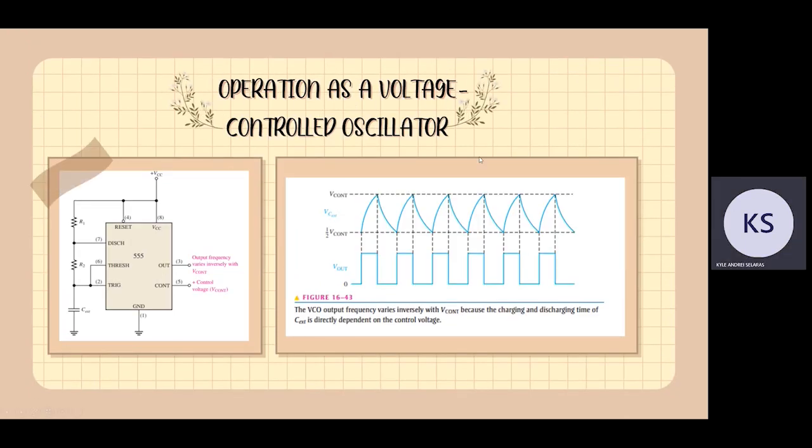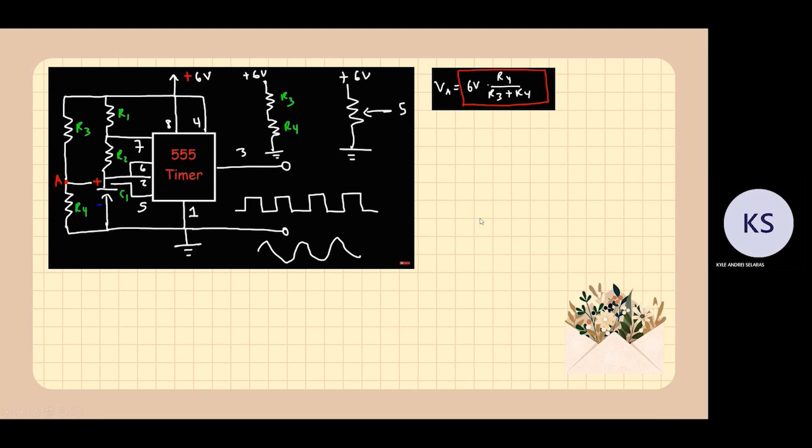Next, we'll have operation as a voltage controlled oscillator using a 555 timer. Here we have a diagram for a voltage controlled oscillator using a 555 timer.